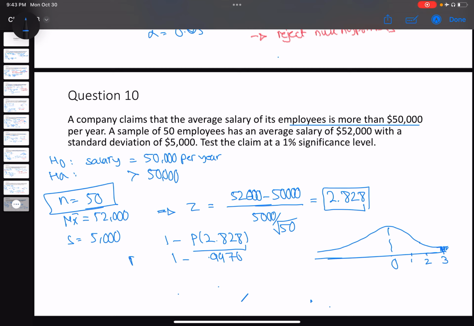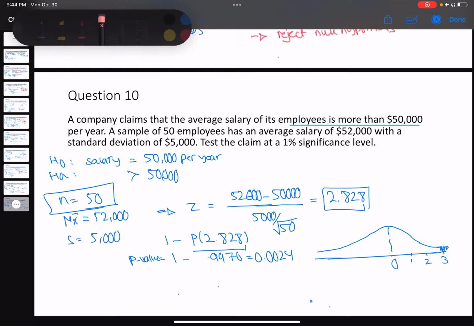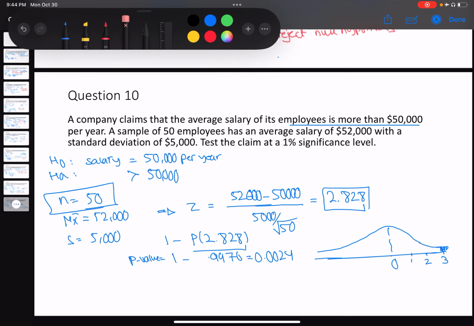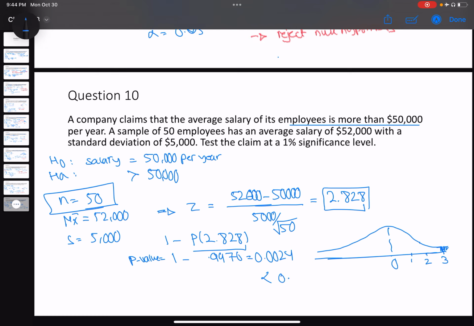The p-value equals 0.0024, which is less than 1%, 0.01.